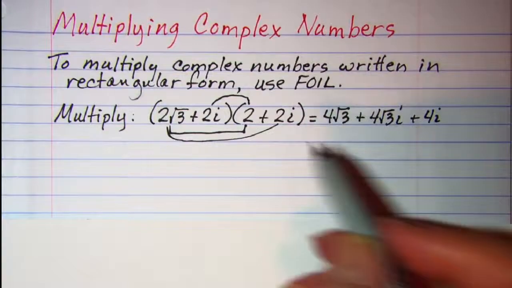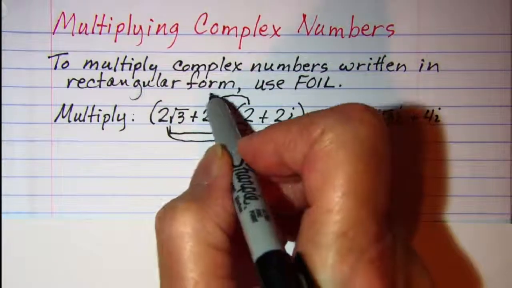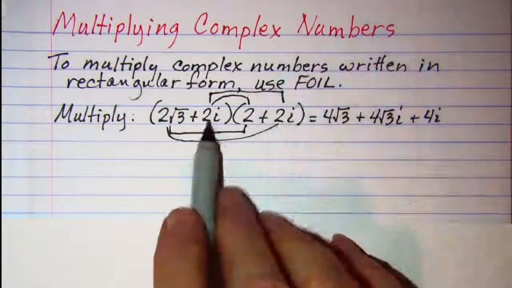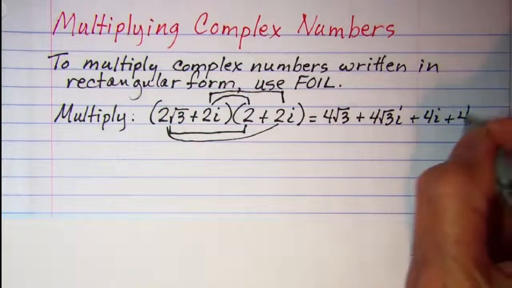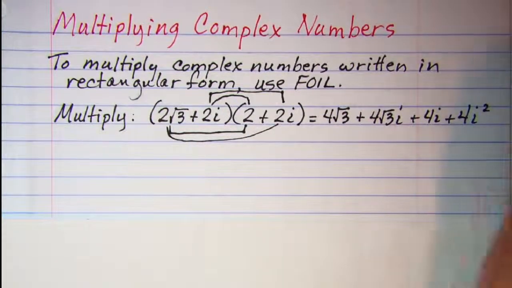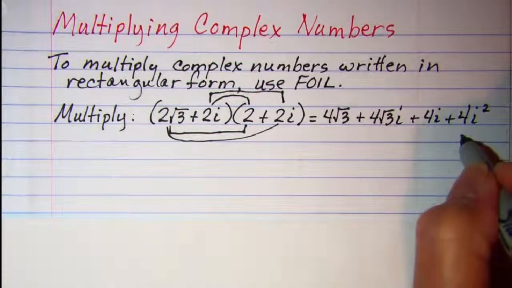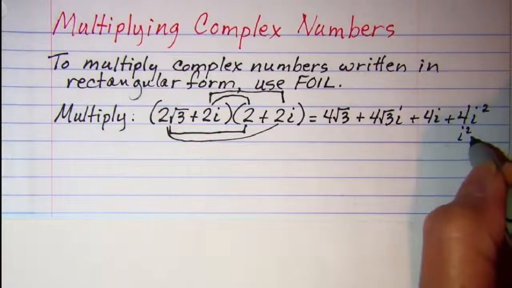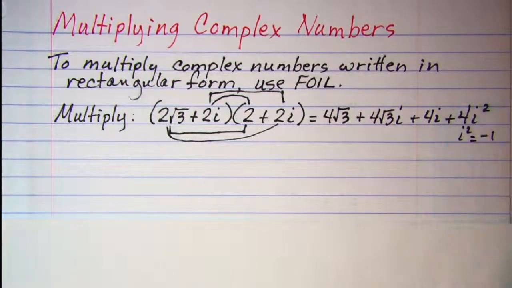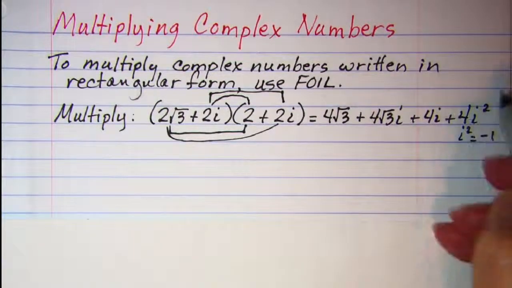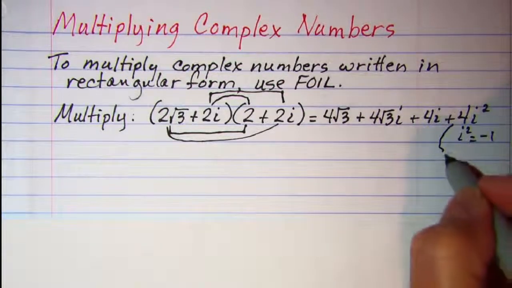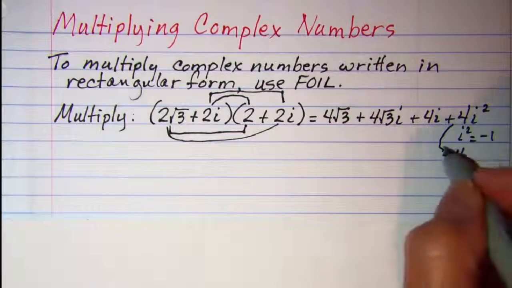And then the product of our last terms, 2i times 2i, is 4i squared. Now, i squared we know is defined as -1. So this term is actually a -4.